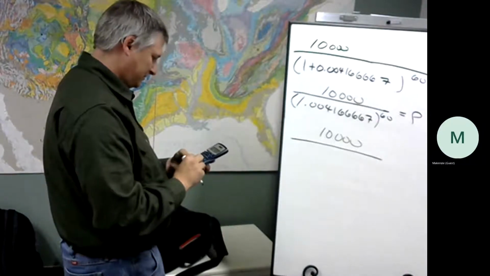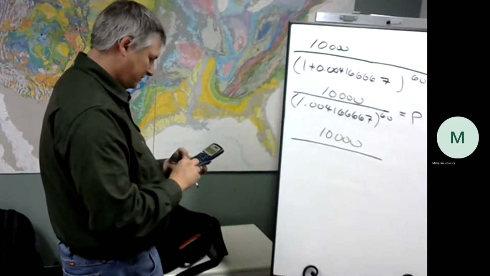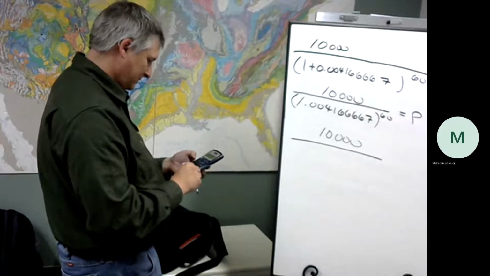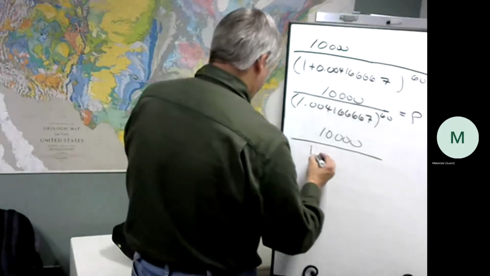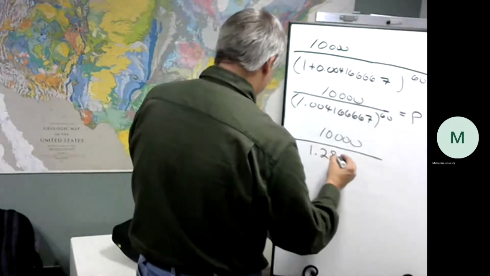Let's see, 1.0041, 1, 2, 3, 4, 7. Raise that to the 60th. And that's a little better. It's a pretty big number here.